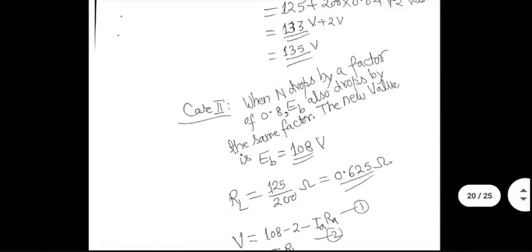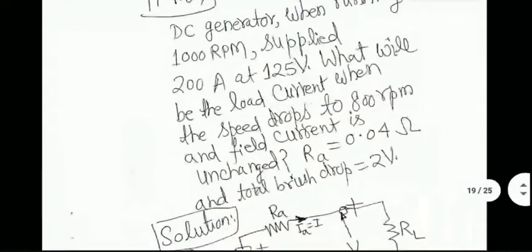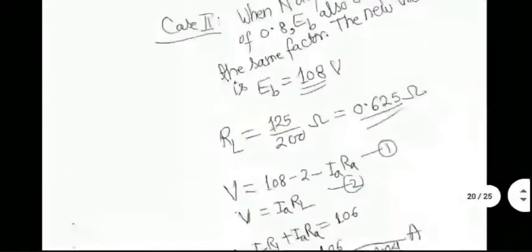And in the second case, the load current is also different. Field current is unchanged, so phi remains unchanged. Fair enough. Okay, we need to figure out the load current in the second case. That is the question. Fine.